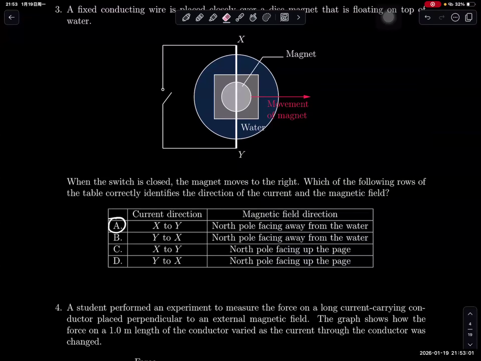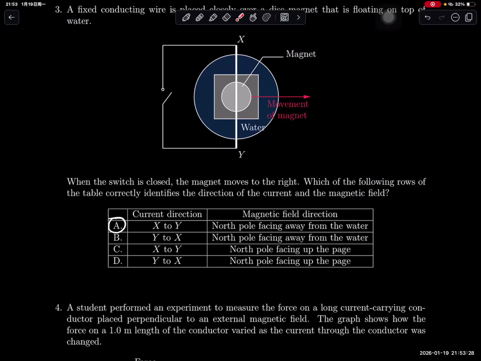So let's have a look at selection A. Say the current direction goes from X to Y, and in that case, the magnet moves to the right. Because the magnet has moved to the right, we can deduce that the magnet has experienced a rightward force. We could also deduce the wire itself experiences a leftward force due to Newton's third law.